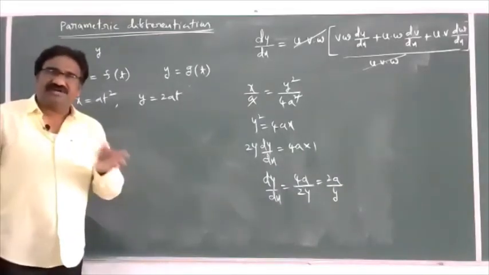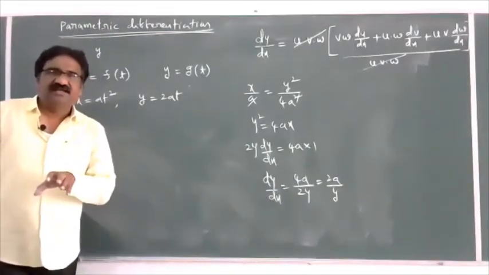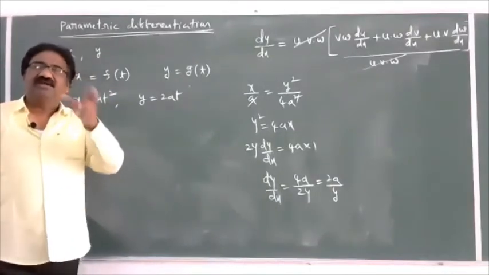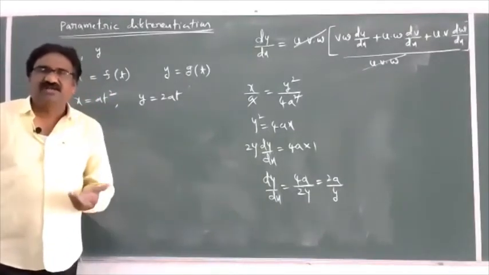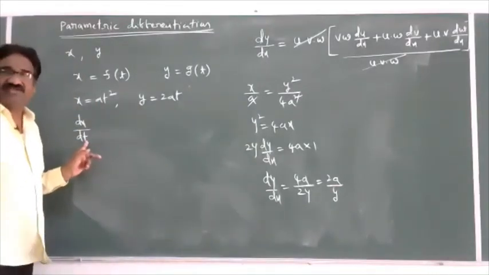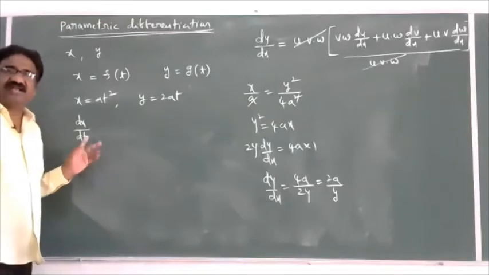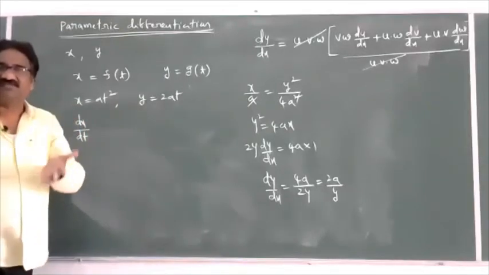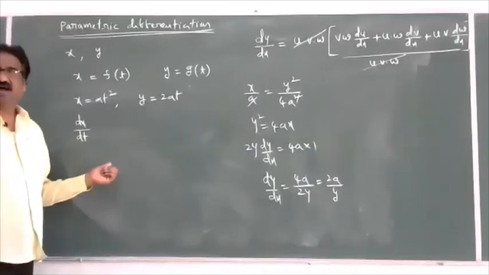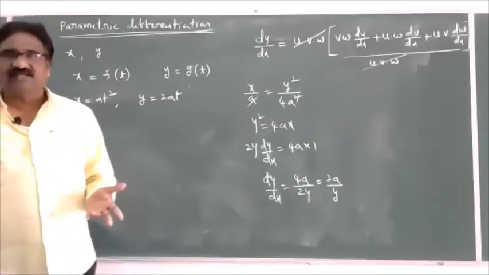Earlier we differentiated both sides with respect to x. That is dy by dx, if y is given, dy by dx with respect to x. For example, if we want to differentiate with respect to t, all formulas in terms of x are also applicable in terms of t. Why?